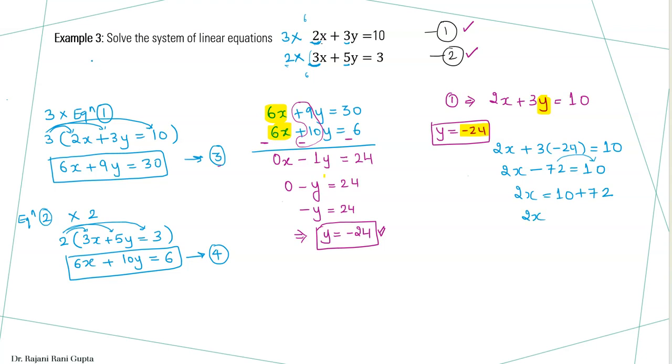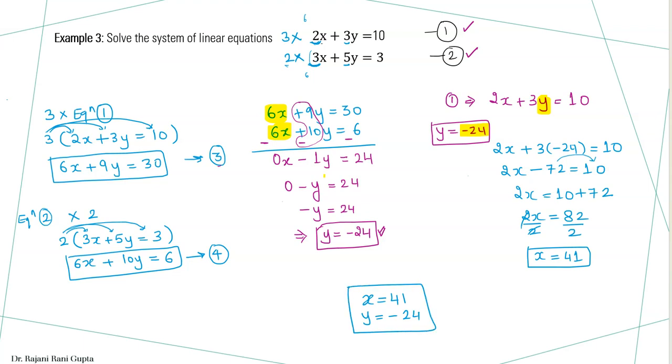So this gives 2x is equal to 82. Dividing both sides by 2 gives you x is equal to 41. Okay, so the solution for this system of equations is x equal to 41, y equal to minus 24. So this is how you work on these kinds of examples.